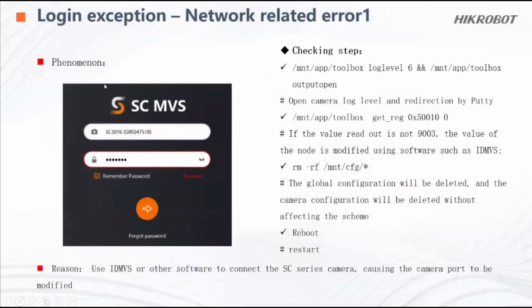The next issue is also familiar: when you change the camera firmware, or when you suddenly cannot log into the SEMVS even though you enter the right password. The reason is that you used MVS or IDMVS or other third-party software to try to connect with our smart cameras.